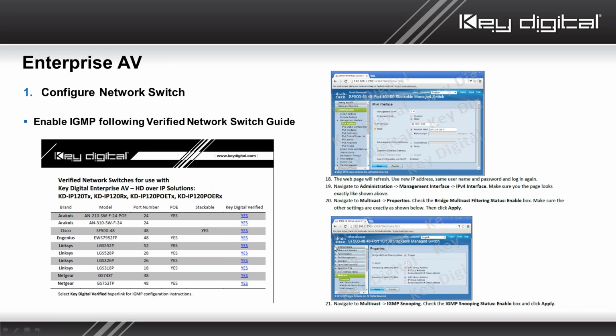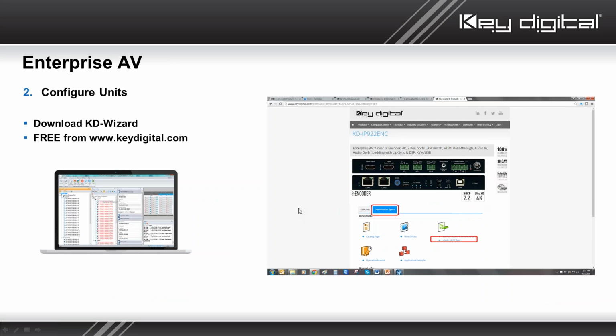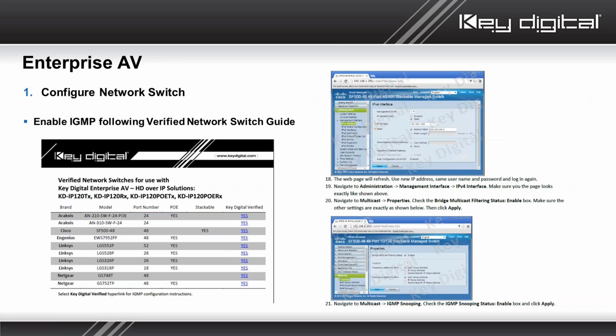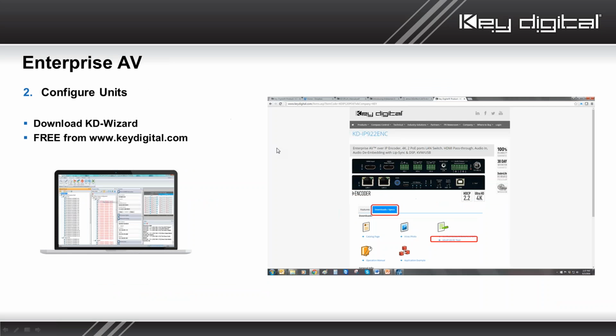With us, we don't want to reduce. We want to give more options so you could find the good, better, best, correct fit for your project. So step 1, you follow the verified network switch guide to configure IGMP in the network switch. Very, very important, okay? Make sure you get that network switch taken care of first.